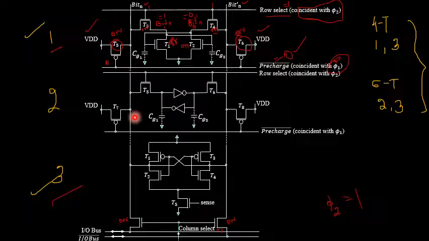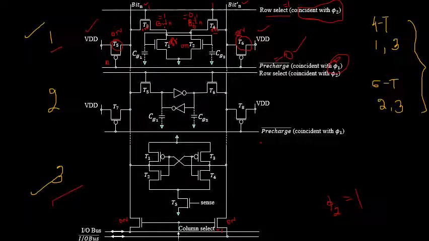So for the 6 transistor static memory cell, once again in order to perform the write as well as the read operation, you have to precharge transistors T7 as well as T8 to a level of logical VDD. That is, bit n as well as bit n complement should be precharged to a level of VDD via transistors T7 as well as T8 by taking this precharge complement signal, which will be coincident with respect to the clock signal phi 1.